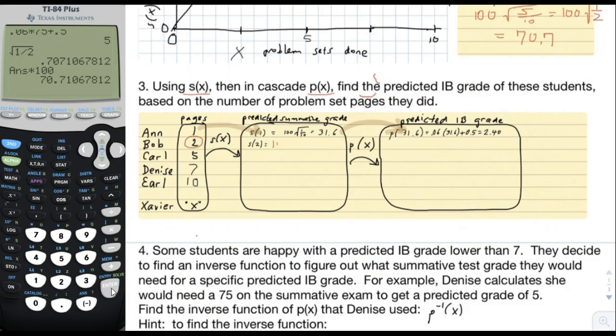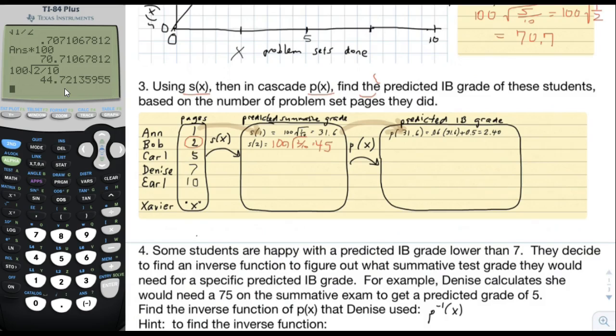That would be 100 times the square root of 2 divided by 10, and see what that equals. 44.7. So we'll put like 45.